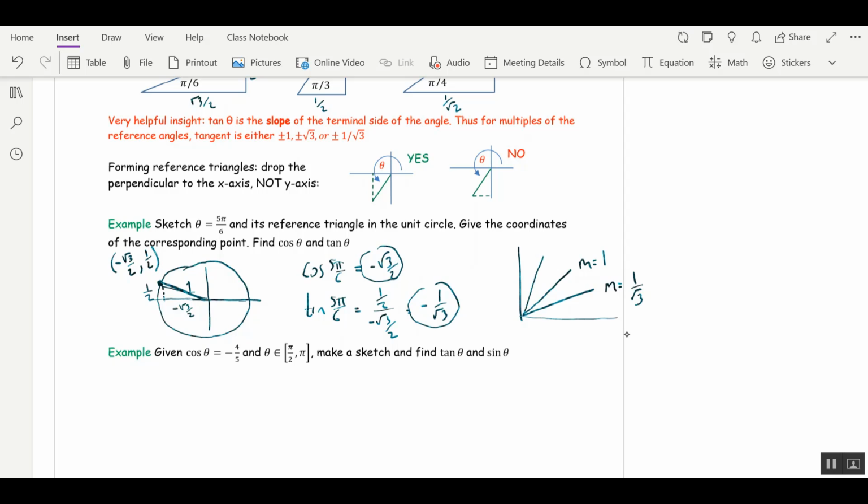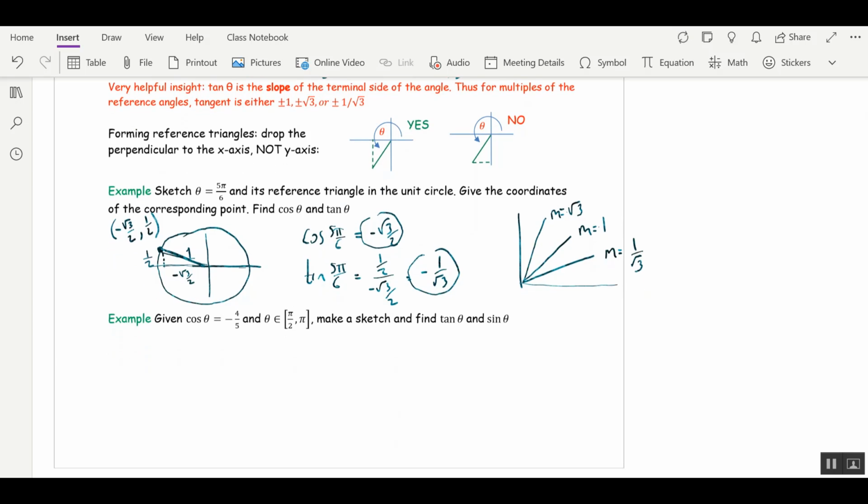And for pi over 3, the slope is steep, m is root 3. So tangent of any angle from our unit circle chart is either going to be plus or minus root 3, 1, or 1 over root 3, unless it's 0 or undefined. You don't have to do that. I'm just giving you options for how to compute tangent.